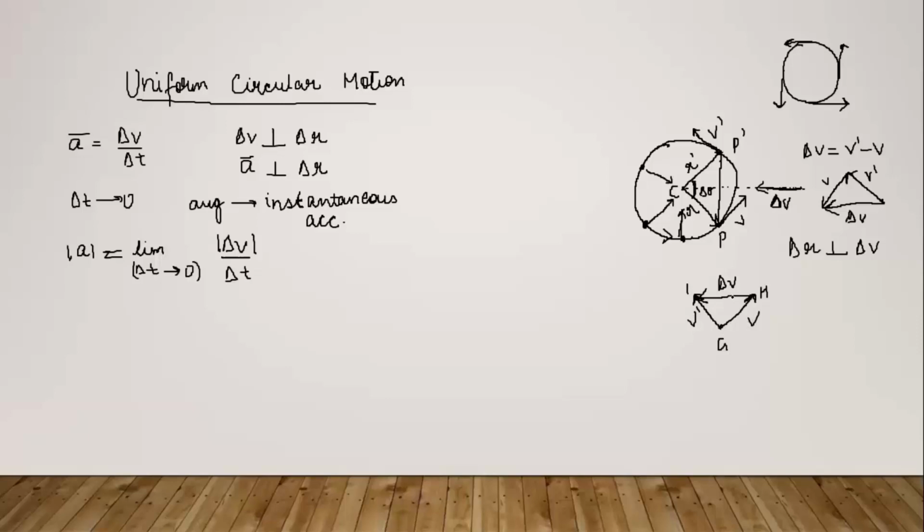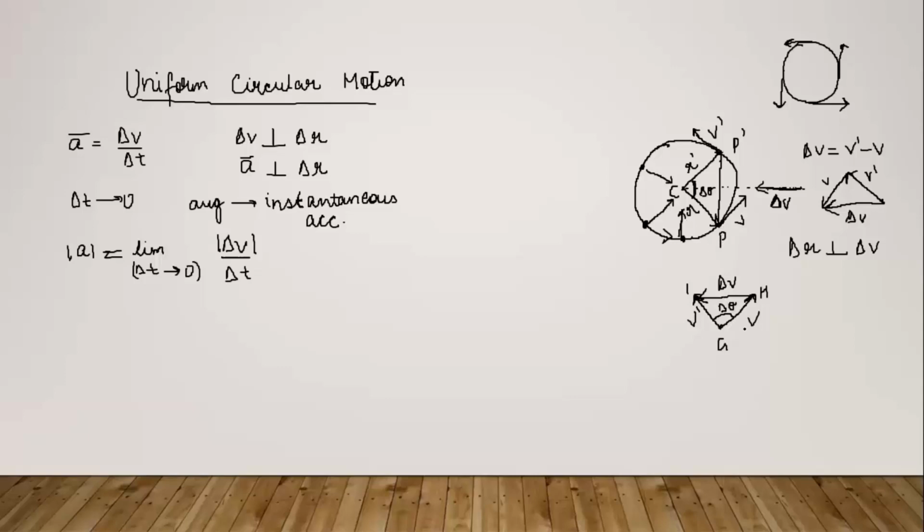We can say that as we have written here, delta r is perpendicular to delta v. If r and r dash make an angle of delta theta, then obviously v and v dash will also make an angle of delta theta. So we can say that these two triangles are similar.